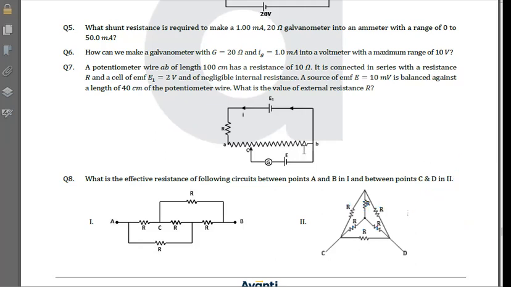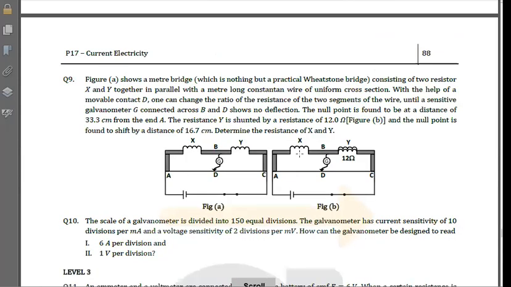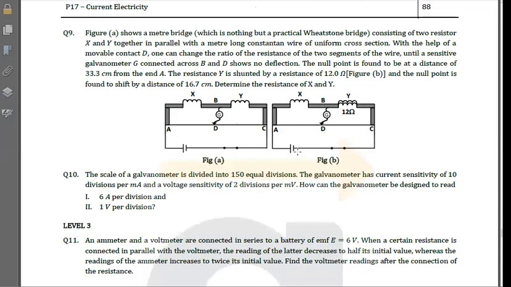ठीक है? चलो. So we are done with 8th, 9th and 10th. 9th को पढ़ लो. 9th बस पढ़ लो. 9th बस बड़ा क्वेश्चन.